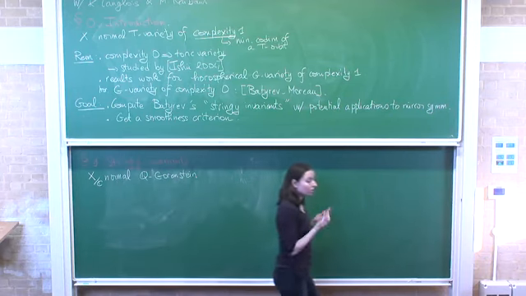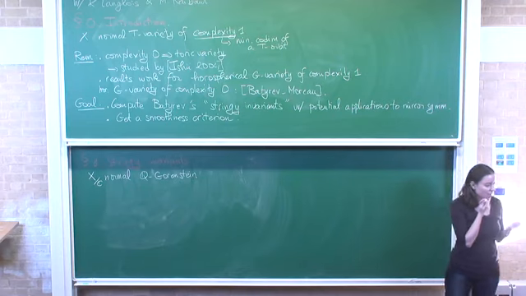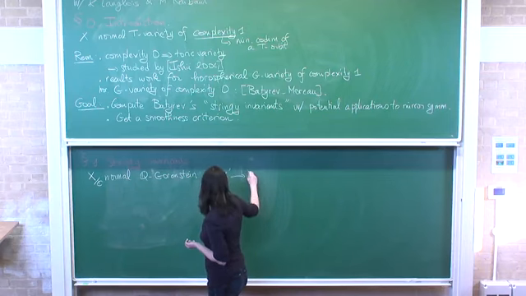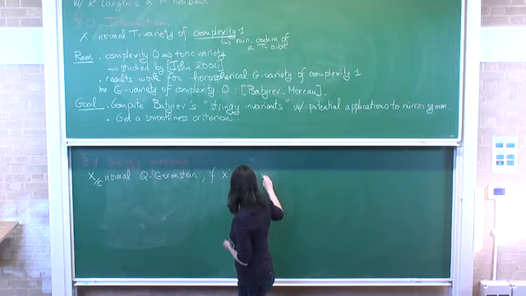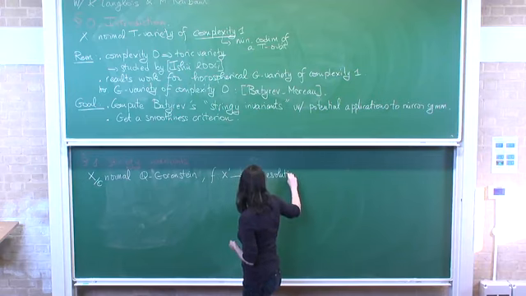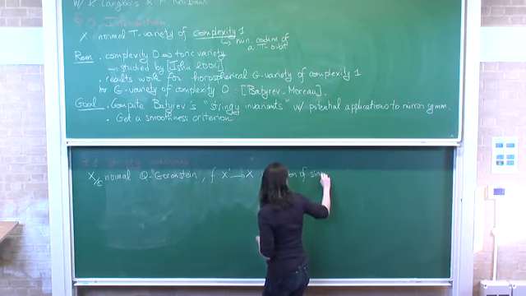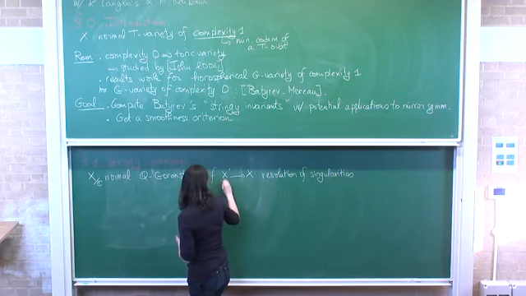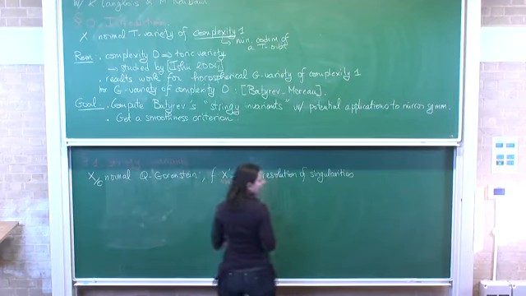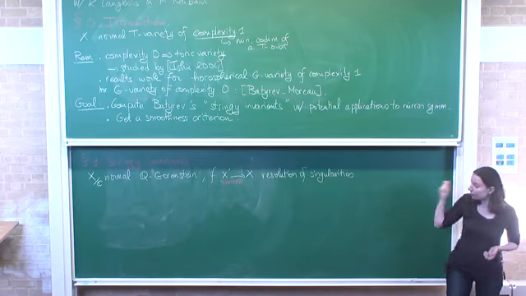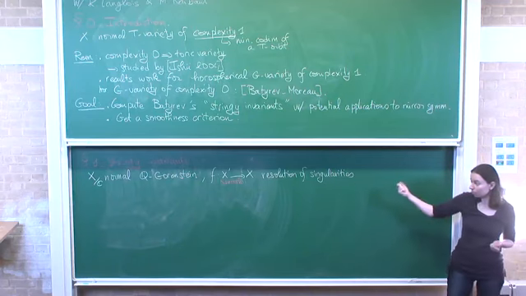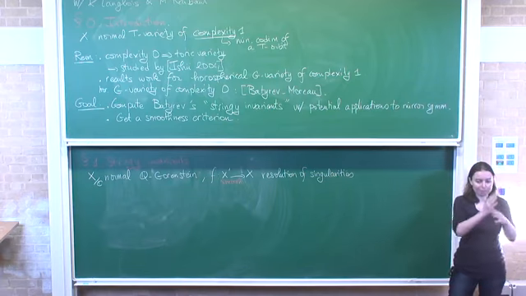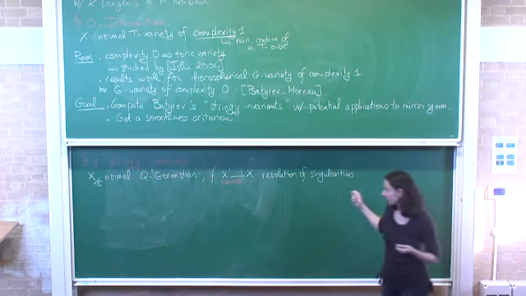I'm going to consider resolutions of singularities for such varieties. So X prime here is smooth, and f is a proper and birational morphism, and I want the exceptional locus to be finitely many normal crossings divisors.